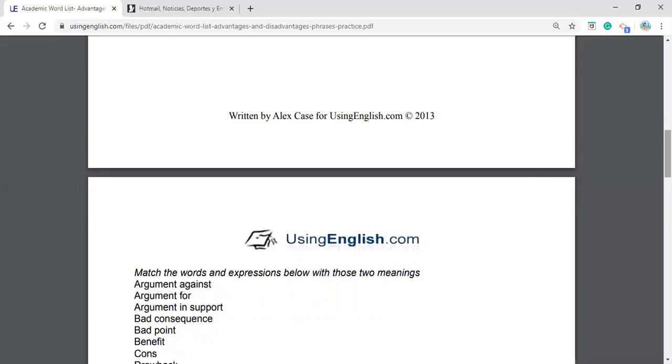Cons, what is the meaning of cons? The cons, los contras, ¿no?